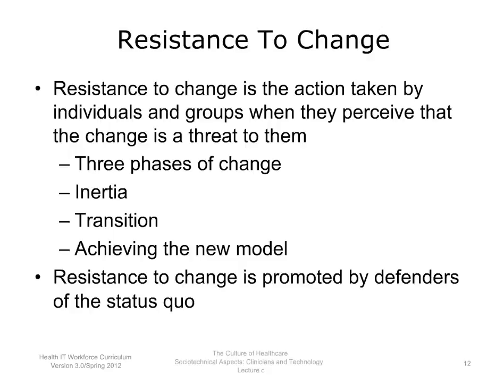This leads to a transition phase, when the change is beginning to be implemented. Once the transition is complete, the organization reaches a new steady state with achievement of the new model. Resistance to change, at least at the outset, is inevitable because many individuals and groups tend to defend the status quo.